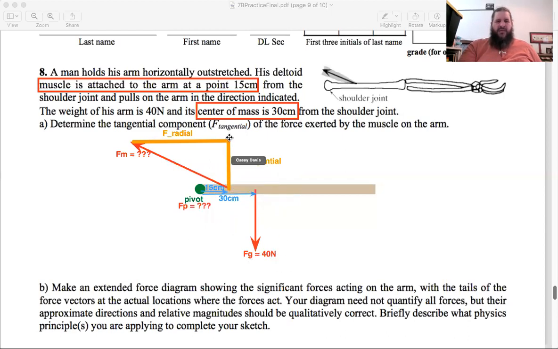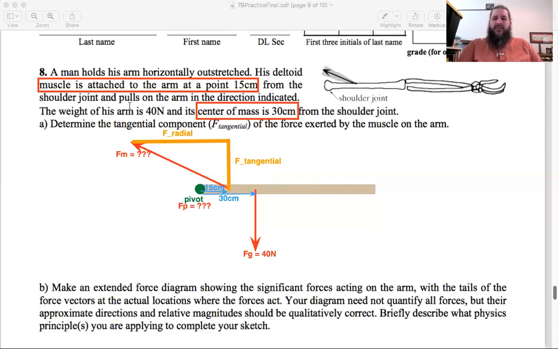So if we wanted to know what that tangential force is, how do you think these forces are related to each other? Is there any equation we can set up involving these unknown forces? If we know that the forearm is just staying still. Yeah, using torque would be good.